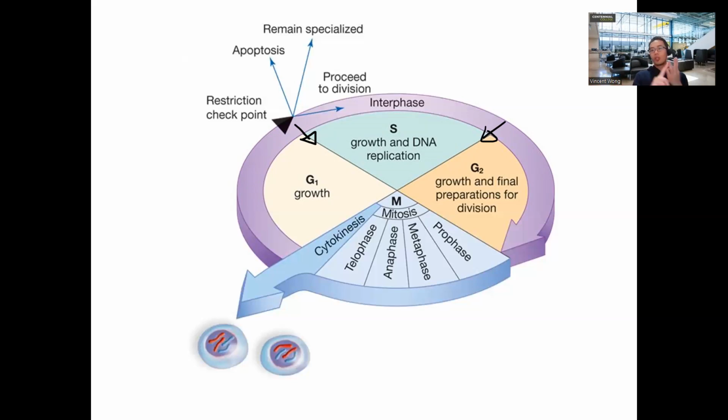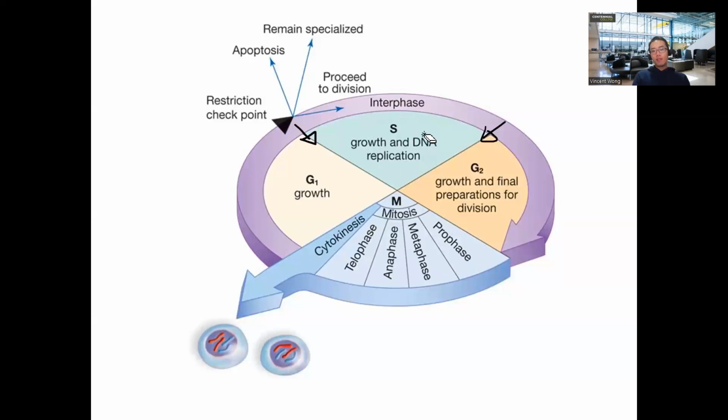You might also check the telomere length. If the lengths are critically short, the cell will not be allowed to proceed either. And sometimes if the cell is just too old, it might trigger apoptosis, which is programmed cell death. So that's what this checkpoint is for: to check the quality and condition of the DNA and make sure it is healthy enough to proceed to the actual DNA replication.